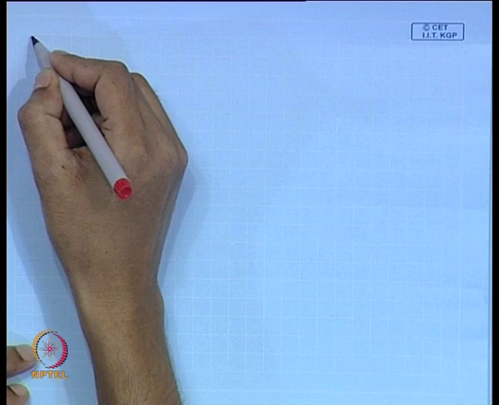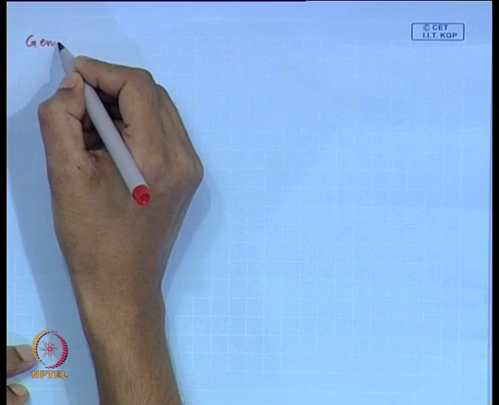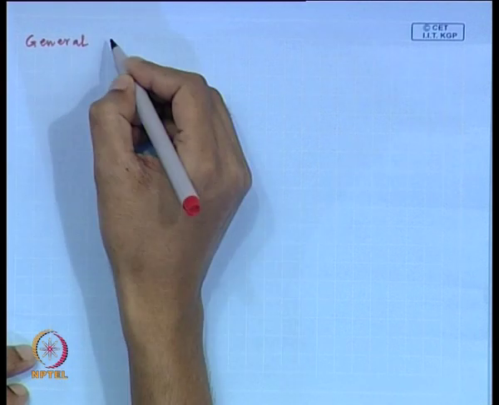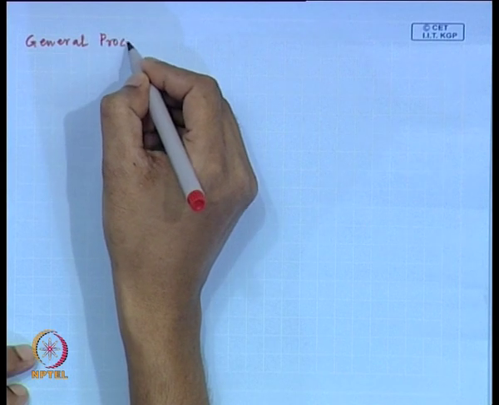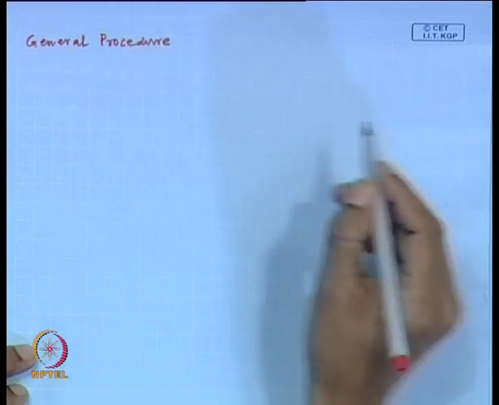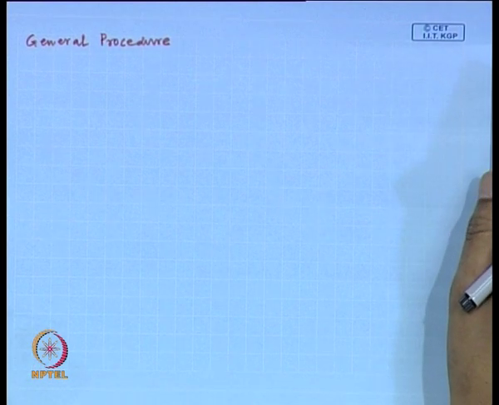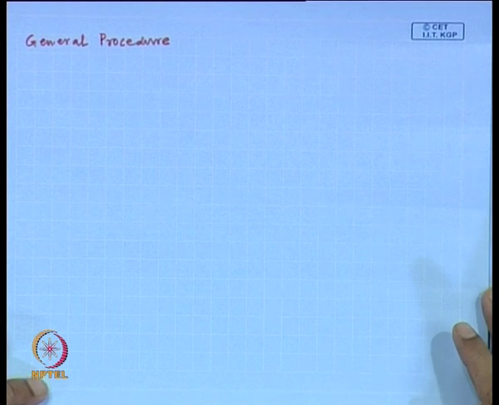Next, we will discuss the general procedure for finding the frequency response. First, we will discuss in a general way, then we will take a few examples to find the frequency response or to analyze the frequency response.